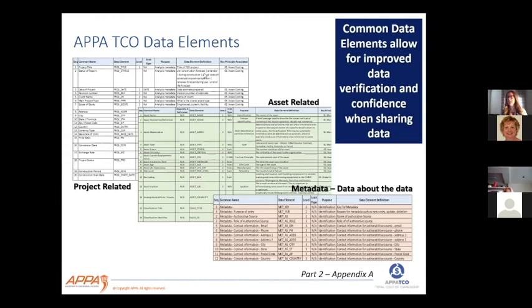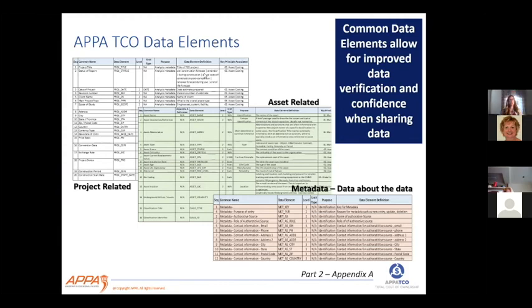I do want to take a quick moment to talk about the data elements since we're talking about sharing that information and data. APPA does have a data element database, and you can go onto the APPA website and in the search bar put data element database, and you're able to search for all the data elements there.